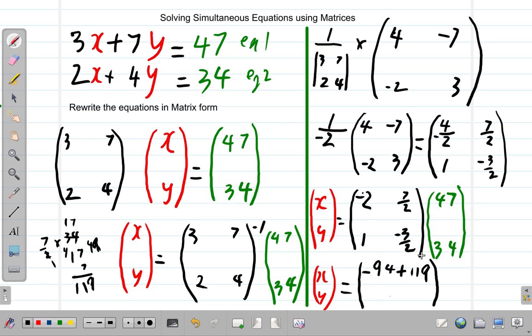Alright? Down the bottom here, 1 times 47, 47 plus negative 3 over 2 by 34. Let's work it out over here. What is negative 3 over 2 by 34?